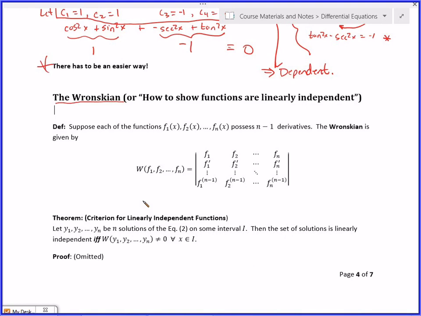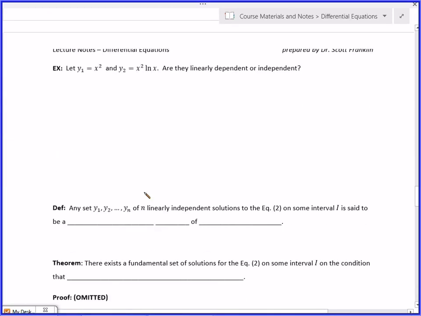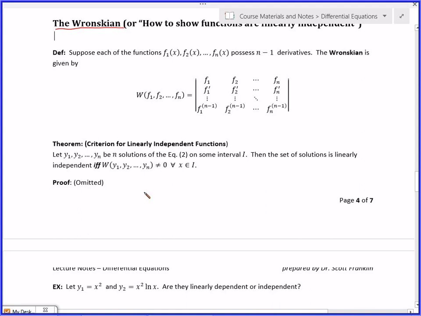I'm going to go through it relatively quickly, but you'll only have to do maybe 2 by 2s or 3 by 3s in this class. We won't have to do big cofactor expansions for 4 by 4s and higher. But here's how the Wronskian works. The Wronskian is a formula whose inputs are a set of n functions.